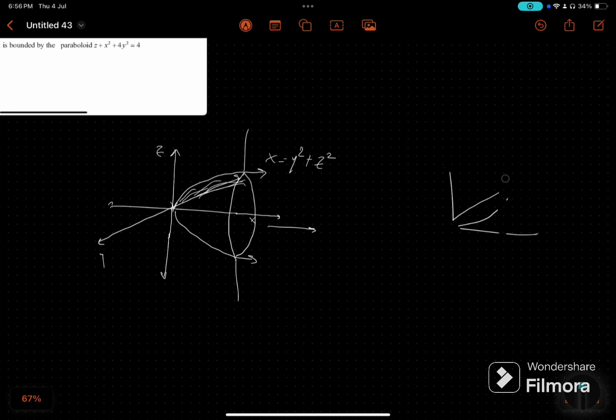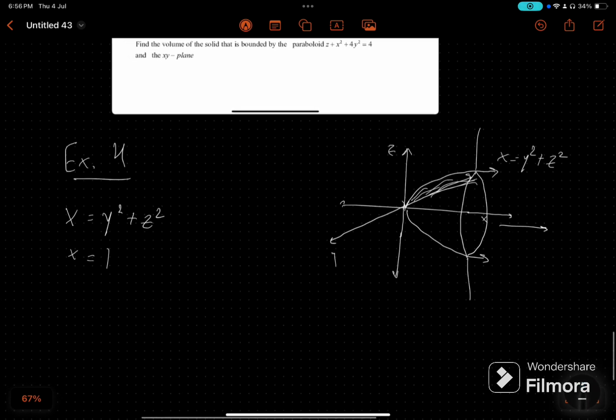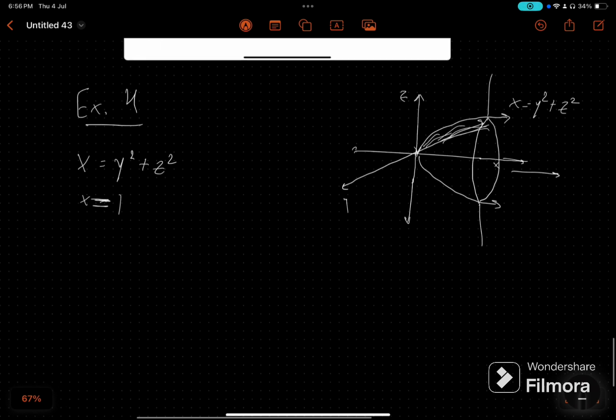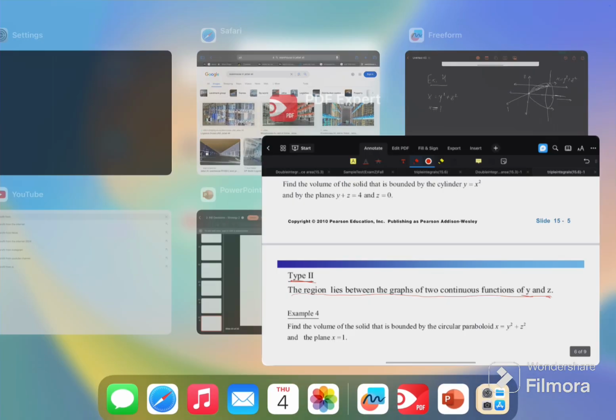And so that's very easy. That's a different type of integral. Now if we draw them, it's also bounded by x equals 1. It's a bit of a weird region.